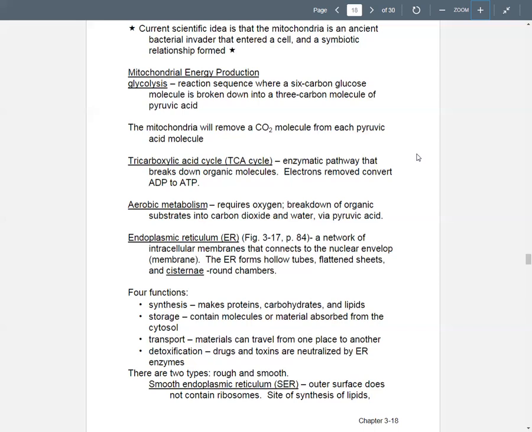So what are the functions of the ER? Well, they are synthesis, which means they're making things like lipids, carbohydrates, and proteins. They store things, so they contain molecules or different materials that are absorbed in your cytosol. Remember, that's the fluid in your cytoplasm.